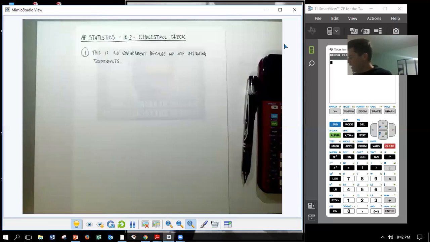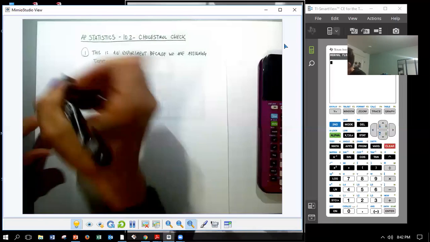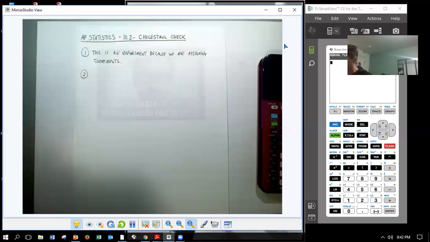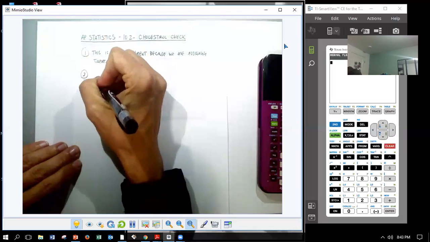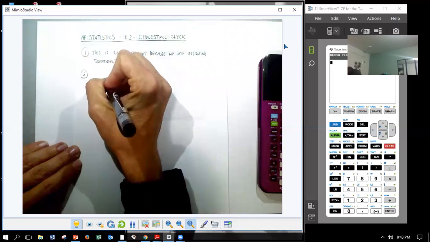So remember that we have experimental units, or if we were using humans, we would call them subjects. So we're going to take a look at our experimental units here. We have about 100 people, and those 100 people had something very special about them. They had that cholesterol range.